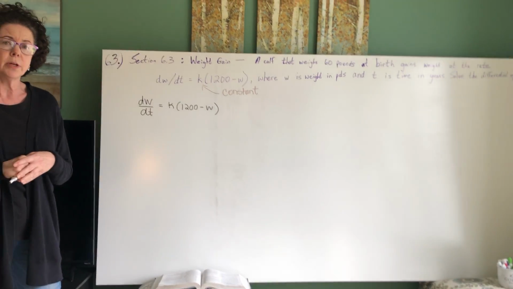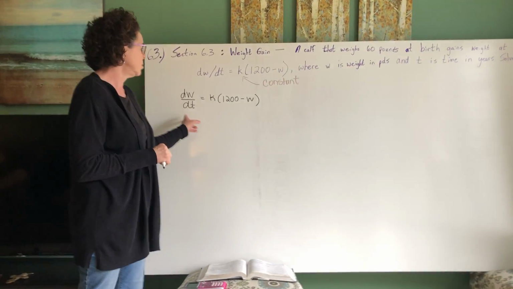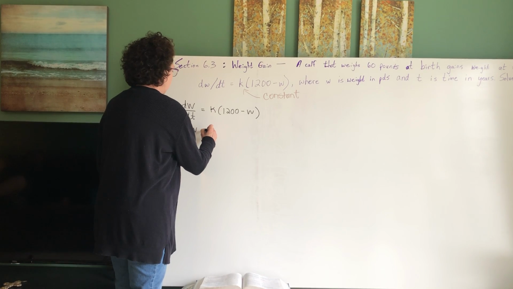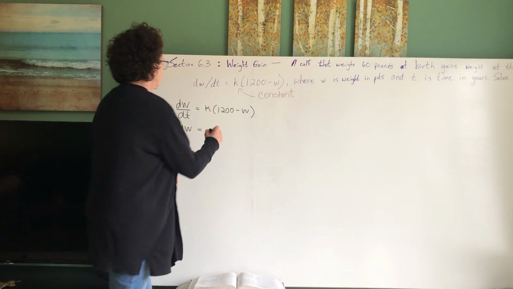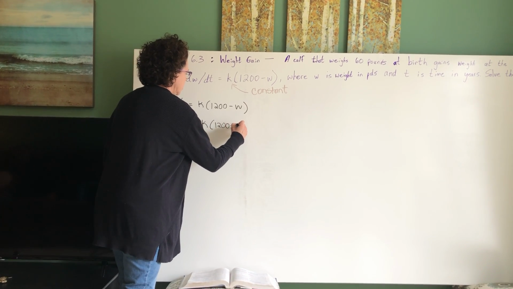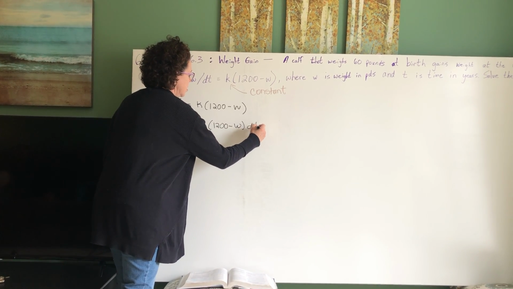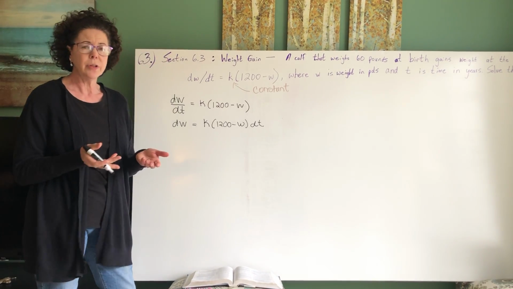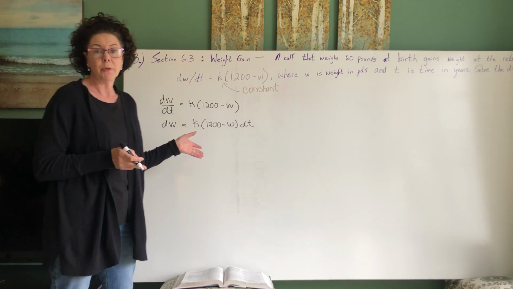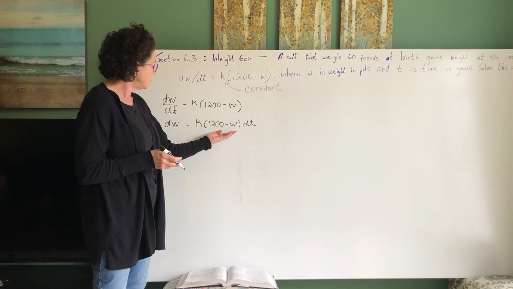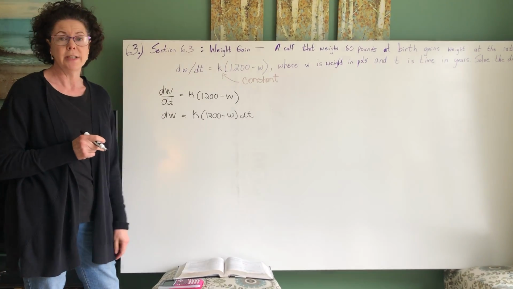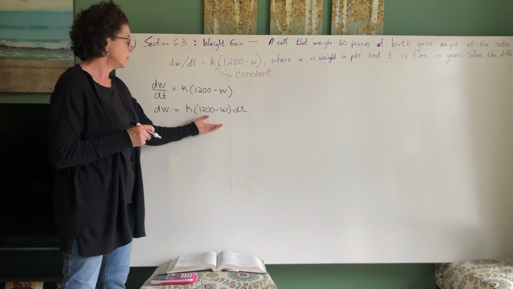The first thing I'm going to do is multiply both sides by dt so that we have separated the variables of integration. The next thing I have to do, though, is notice we have a W with the dt, and so we have to separate the 1200 minus W so that it is with the variable of integration dW. I can't add or subtract 1200.